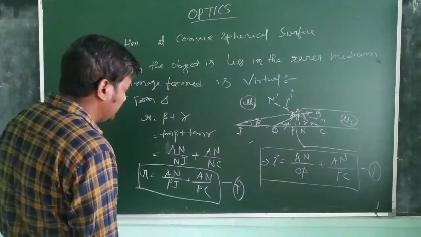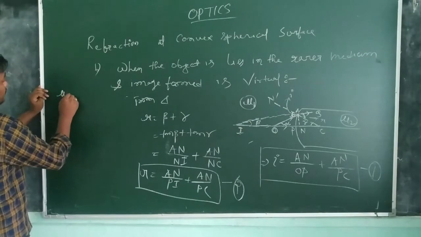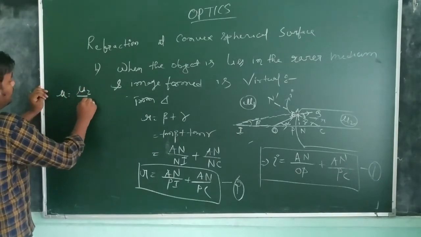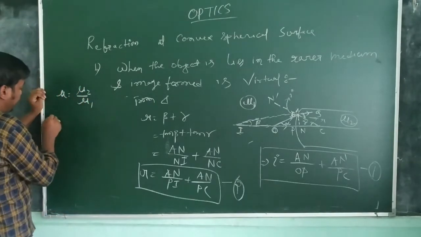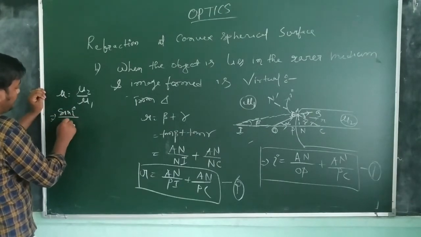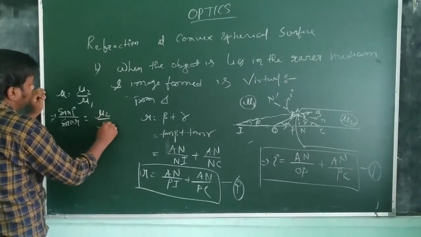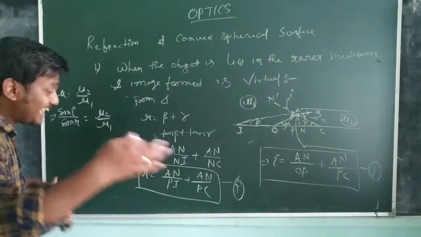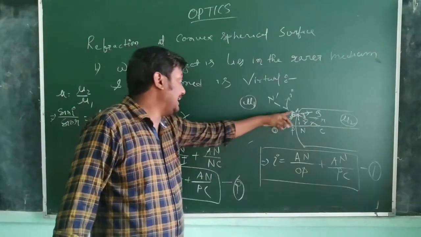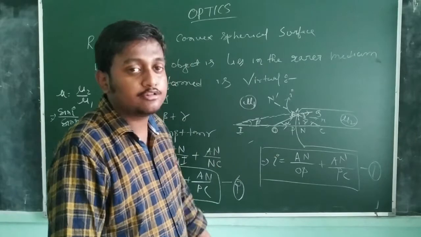Now we know mu equals mu2 by mu1, and mu equals sin i by sin r equals mu2 by mu1. Again, i and r are also small.